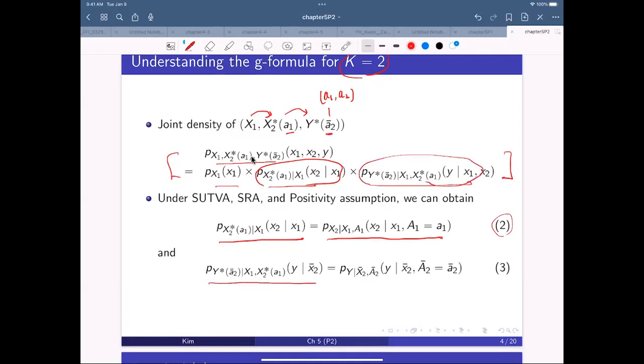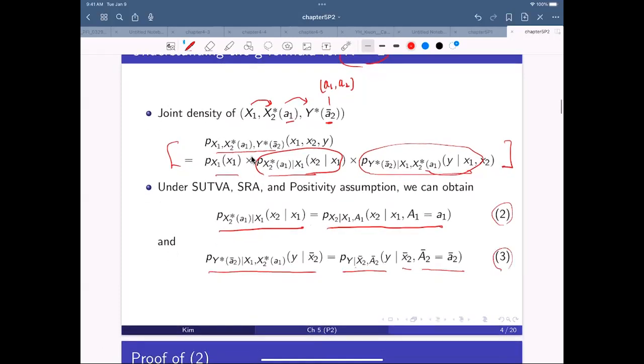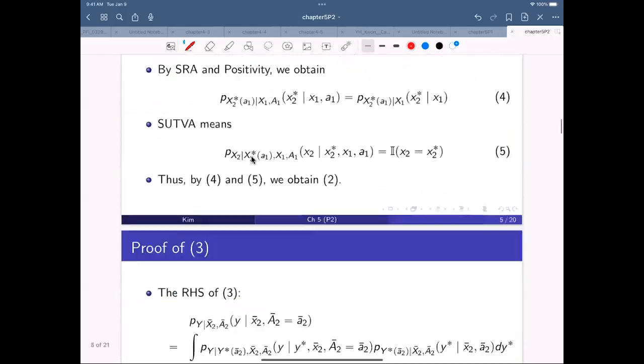This is the conditional distribution of the potential outcome of Y given X1 and the potential outcome of X2, which is essentially expressed in terms of the observed outcomes given X and A, given the choice of the options.